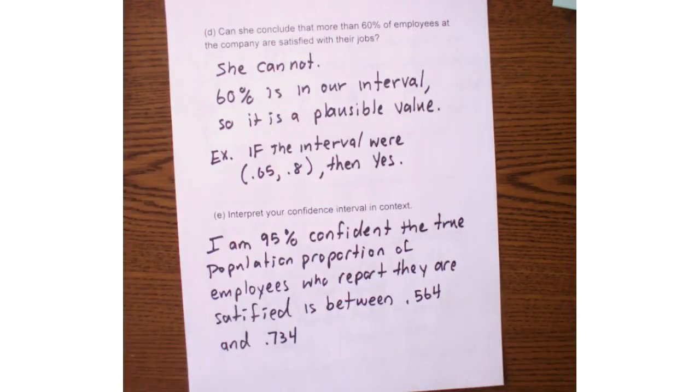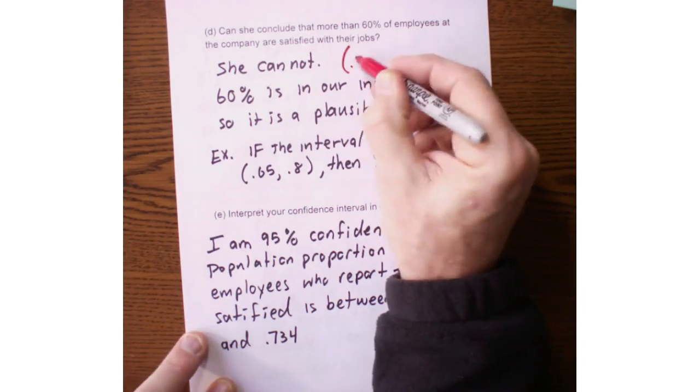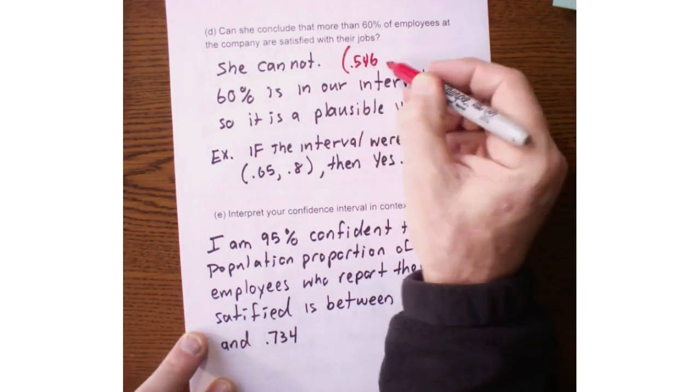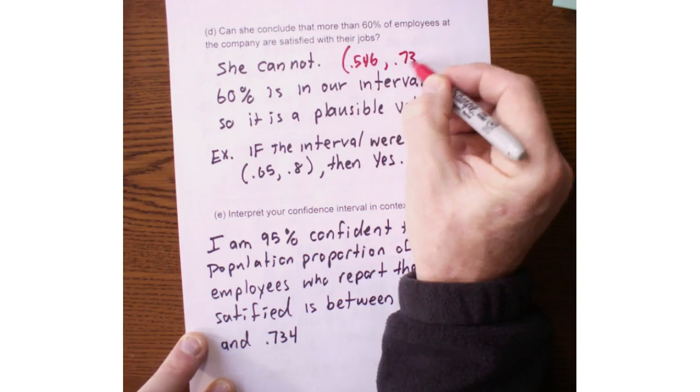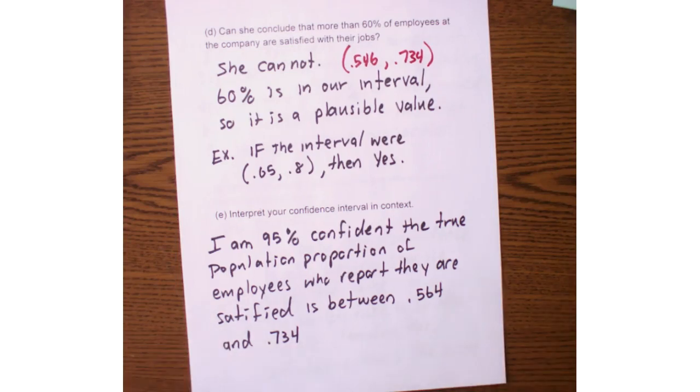So the question that we want to ask is, can she conclude that more than 60% of her employees at the company are satisfied with their job? Well, we can't do that, because our confidence interval was 0.546 as a lower bound and 0.734 as the upper bound, and 60% is inside that interval.